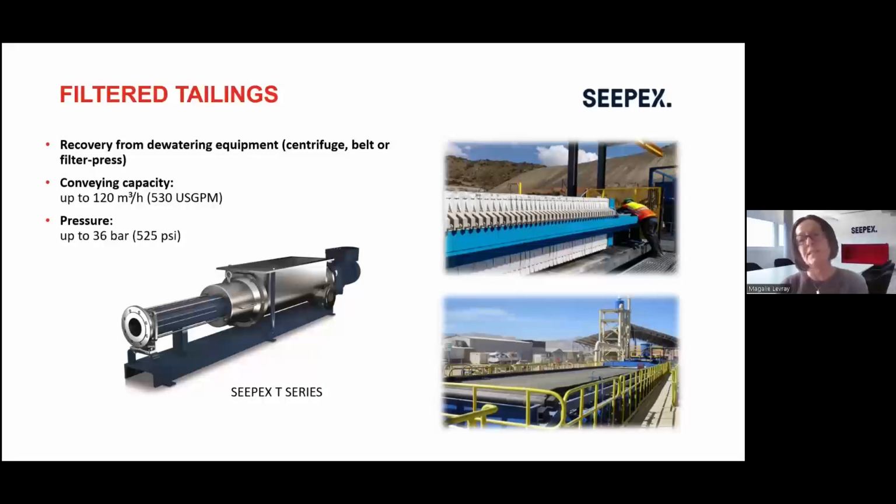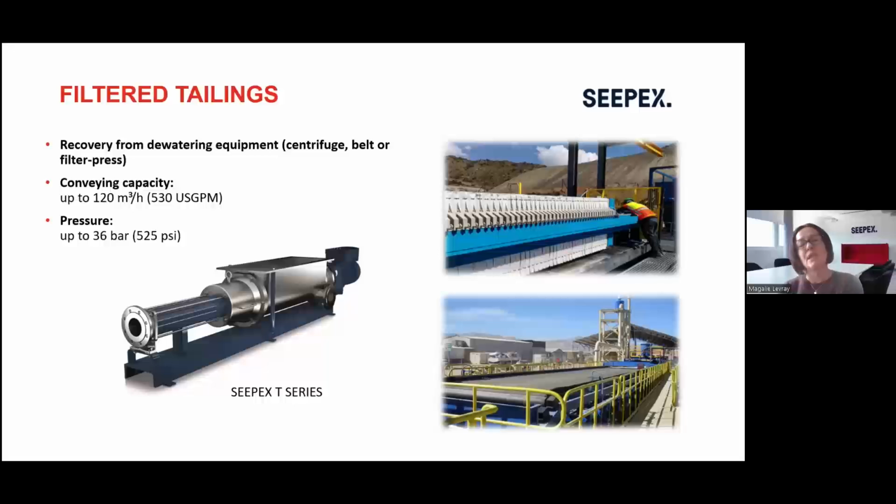To recover from a filter press or from a centrifuge, we're going to use the T series. The T series is a progressive cavity pump, but with a hopper, so that the dewatered tailings falling from the centrifuge or recovered from the filter press will drop directly into the hopper.